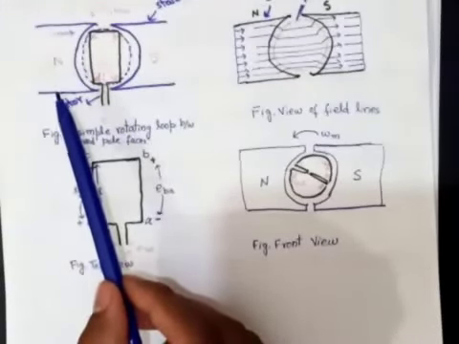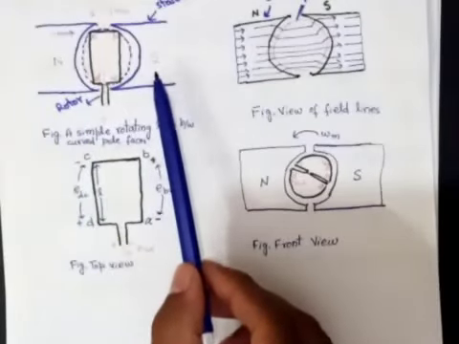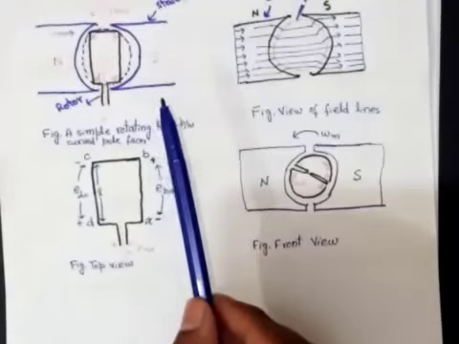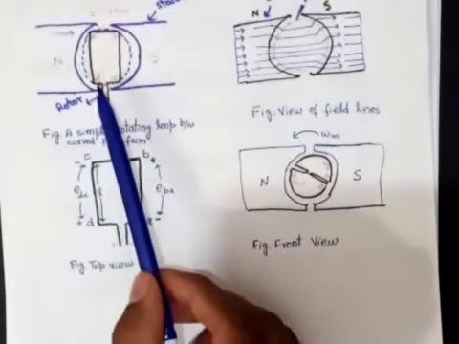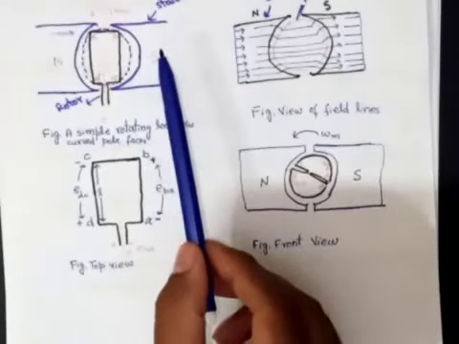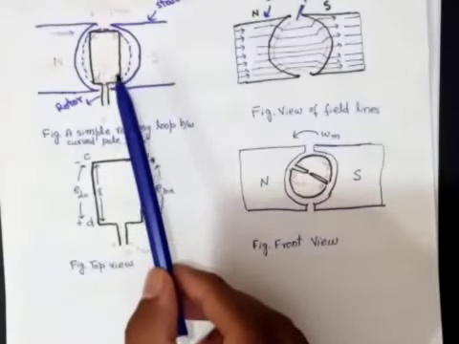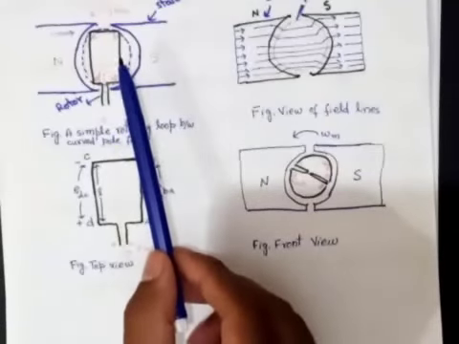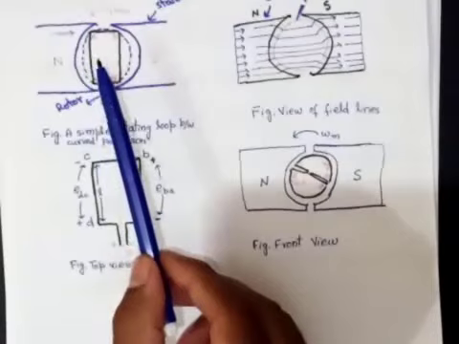The direction of the magnetic field is from north to south. The rotating part of this machine is called rotor and the static part of this machine is called stator. The direction of rotation of this machine is counterclockwise.